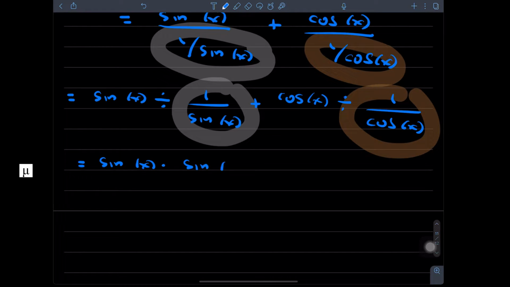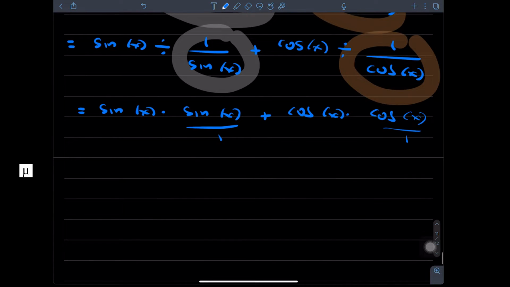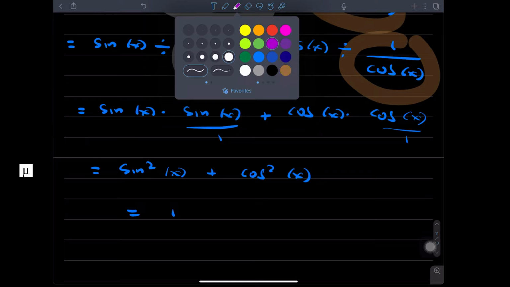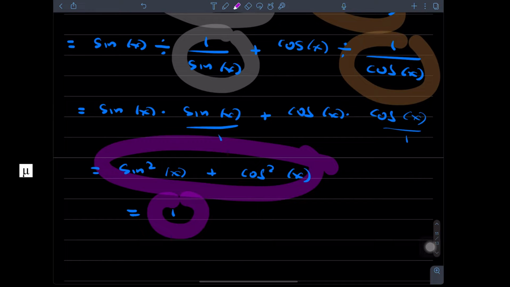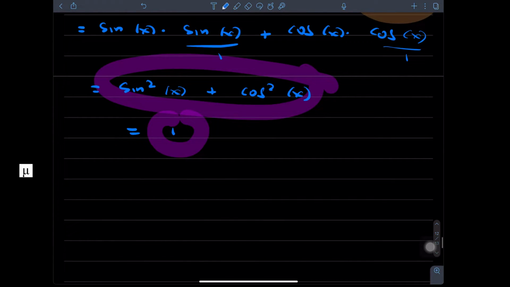Now, isn't this sine over 1? And this is going to be what? Cosine over 1. And what do you get now? Sine squared plus what? And then what does that equal? So I want to remember here and here, these are equivalent. And then that happens to be your what?